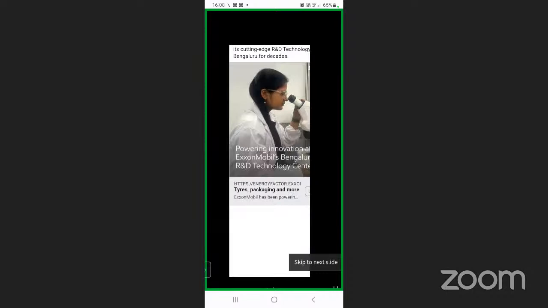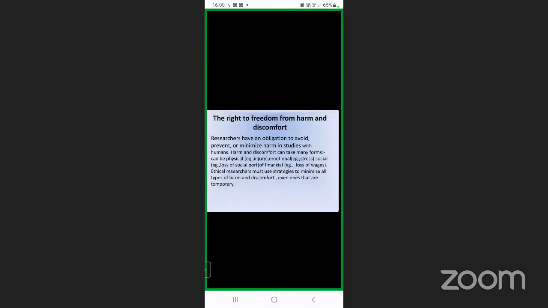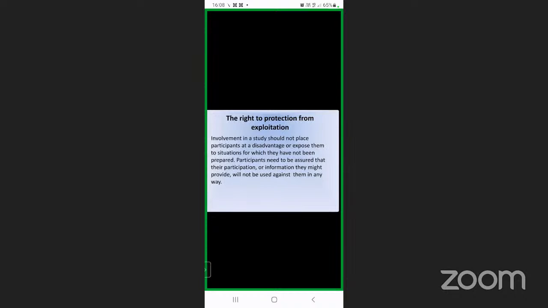It is that involvement in a study should not place participants at a disadvantage. Okay. So harm and discomfort can take many forms, such as emotions, stress, and being used against them in any way. So participants need to be assured about their participation.